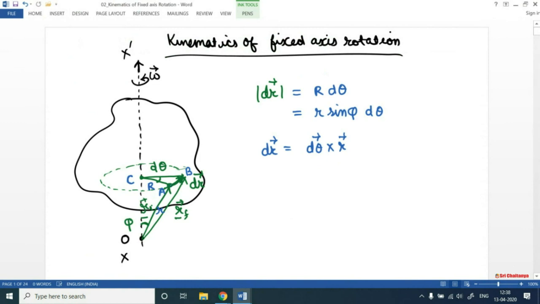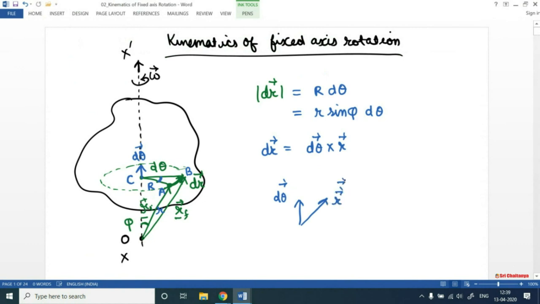So here you can say that d theta, the angular displacement, is directed in this direction. This is the direction of d theta. So d theta is upward. Okay. And position vector, for example, let's say is in this direction.